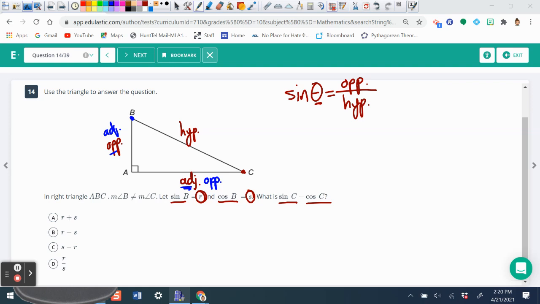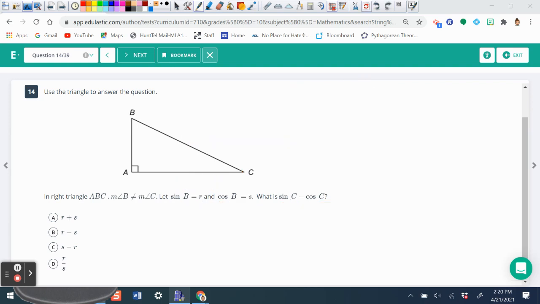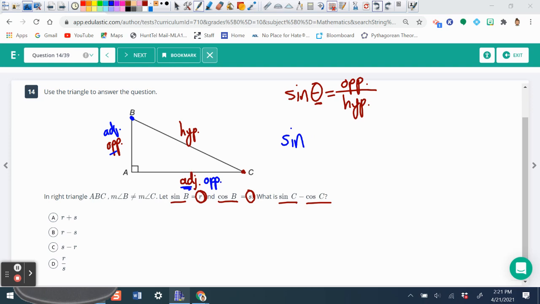So what are we getting at here? Well, the sine of one angle, we'll call it X, is actually equal to the cosine of its complementary angle. Two complementary angles are those that add to equal 90 degrees.